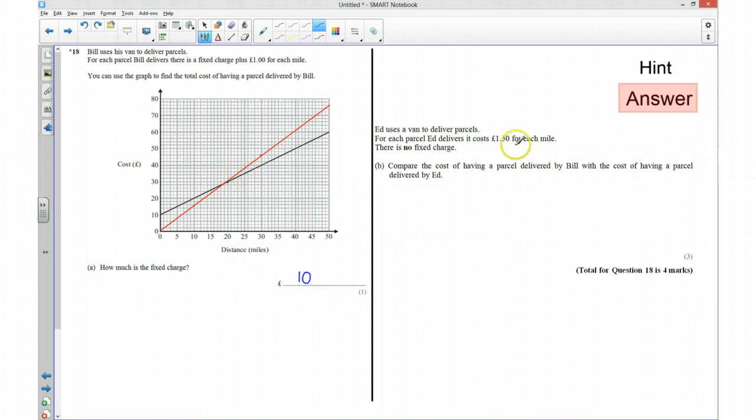So paying £1.50 for each mile is going to start costing more than paying the fixed charge. So what we can say is that Ed is cheaper up to 20 miles. Okay, so up to 20 miles.